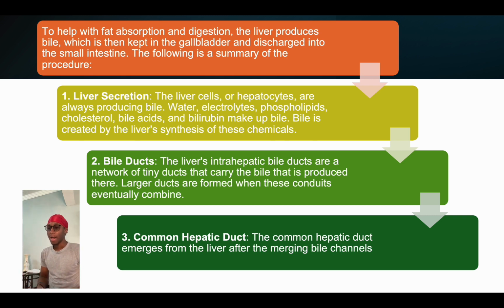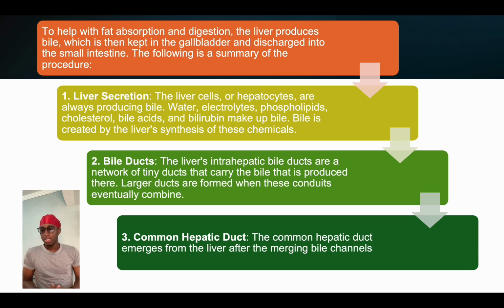Step 2. Bile ducts. The liver's intrahepatic bile ducts are a network of tiny ducts that transport bile that is made in the liver. Larger ducts are formed when these conduits eventually combine. Step 3. Common hepatic duct.